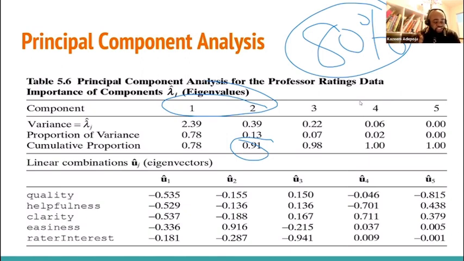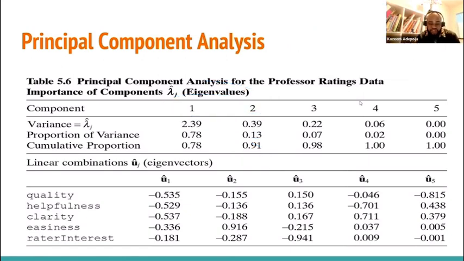Each of the principal components is a linear combination of the old variables, but in the end, we're not going to use all 5 new principal components. We're only going to use 2. Why? Because the combination of the 2 exceeds the threshold of 80%. The combination of the 2 gives 91%. So I'm going to be focusing on these 2.